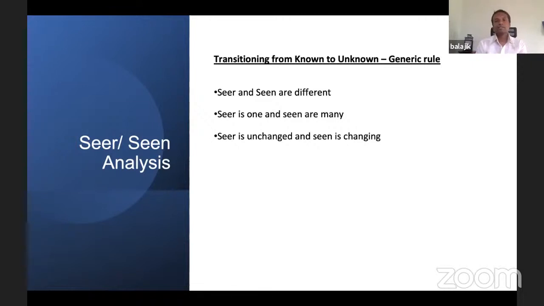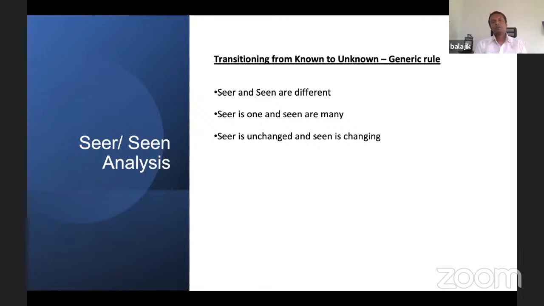So what happens with the mind? Is the eye the only object which is giving input to the mind? It's not the case, right? The mind gets input from eyes, ears, nose, skin. There are multiple other sense organs and faculties which are feeding into the mind.